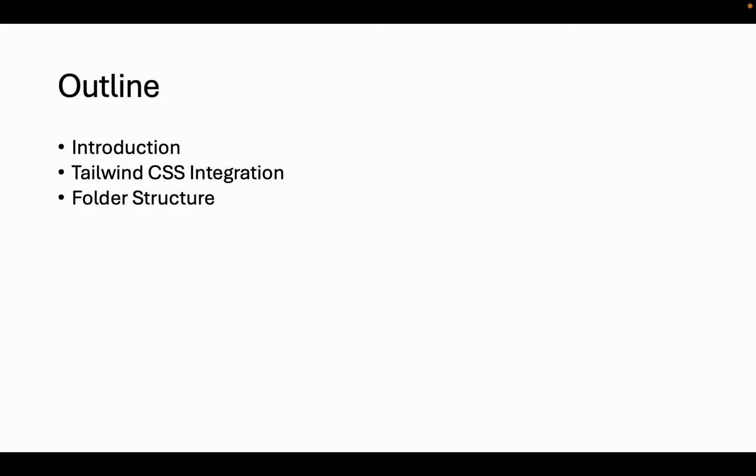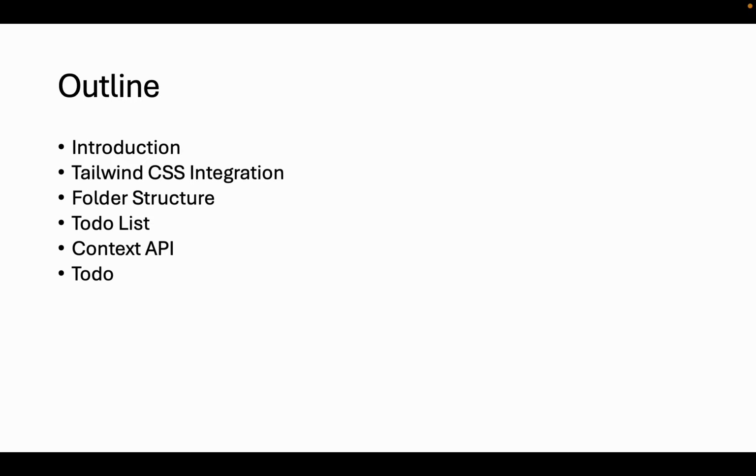Keep in mind, today's tutorial will be a bit longer compared to our old series. First of all, I have given you an introduction. Now we will create a React project with Tailwind CSS integration. Later on, I will explain the folder structure in React.js. Then I will create a to-do list and set it up with the context API.